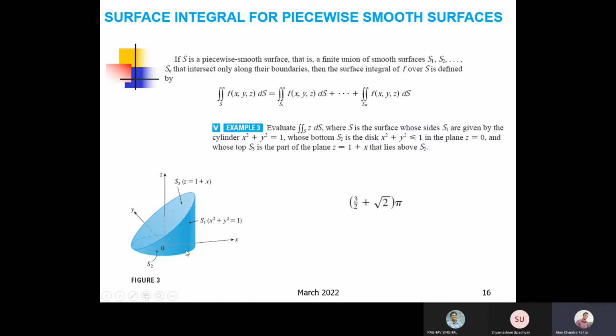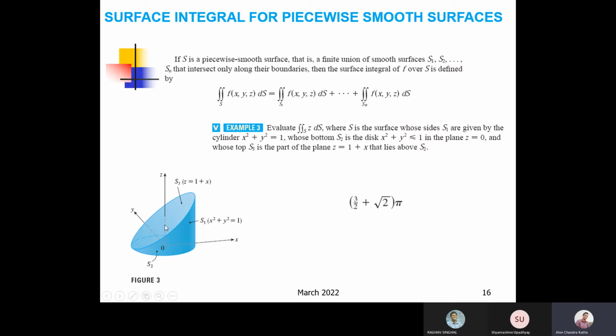This is S1, given by the cylinder x squared plus y squared equal to 1. Your S2 is this disk at the bottom, x squared plus y squared equal to 1, z equal to 0. But for this S1, it is x squared plus y squared equal to 1, z equal to y.